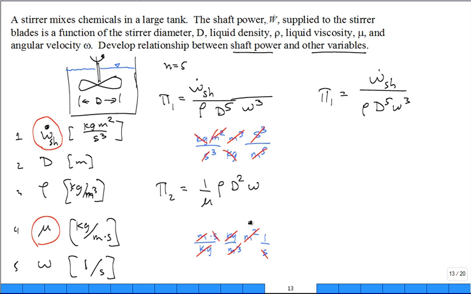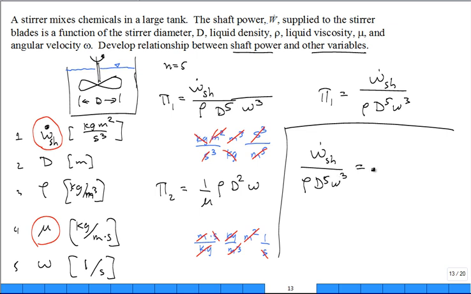So what we say is we expect w dot sh divided by rho d to the 5th omega cubed to be a function only of rho d squared omega divided by mu, that dimensionless parameter.